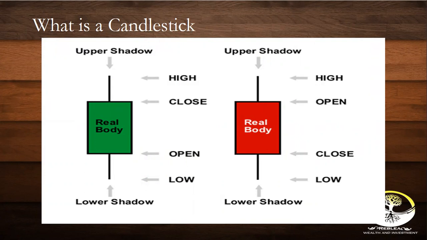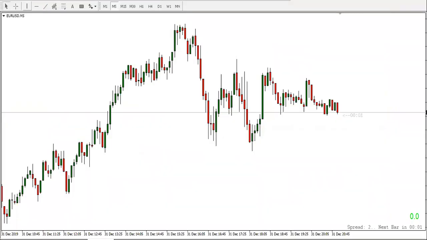A candlestick is simply a visual way of representing the movement of price on a chart in a given time period, right? What do I mean by simple? Now, on this chart, we have a 5 minute time frame, all right?